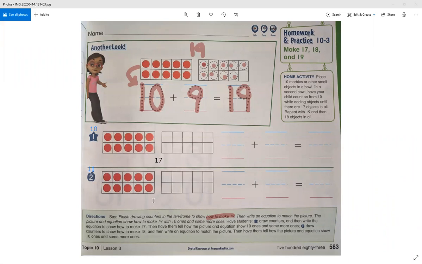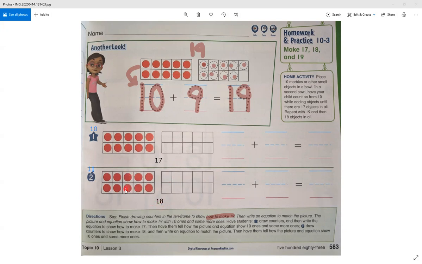And for number 11, it says draw counters to show how to make 18. And after you show 17 up here for number 10, once you plug in the rest of the dots that it needs, you're going to write down your equation over here so it equals 17. And same down here.